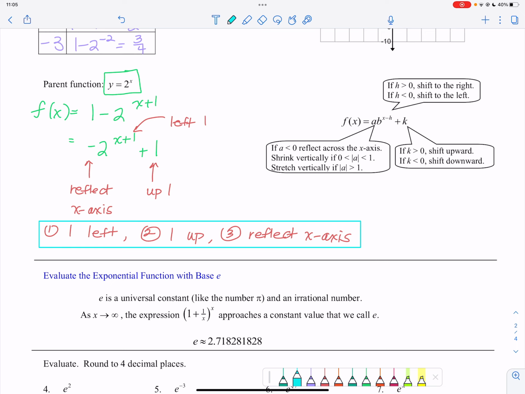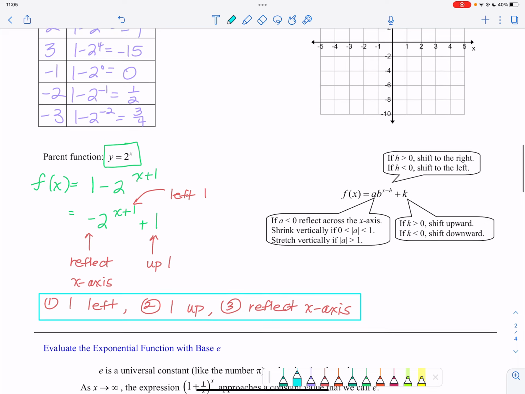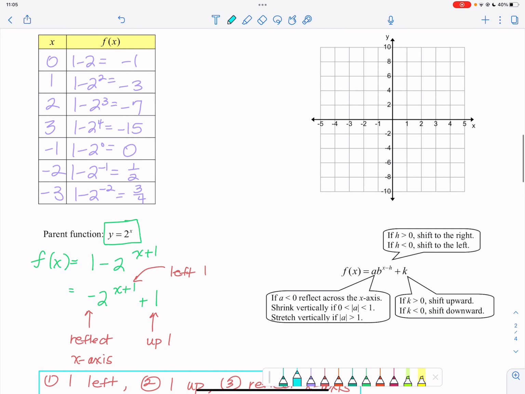Okay, so taking a look at this parent function, which is 2 to the x, and we can just put a few of those on the graph. 0, 1, 1, 2, 2, 4, 3, 8, and then of course we will have these smaller values.